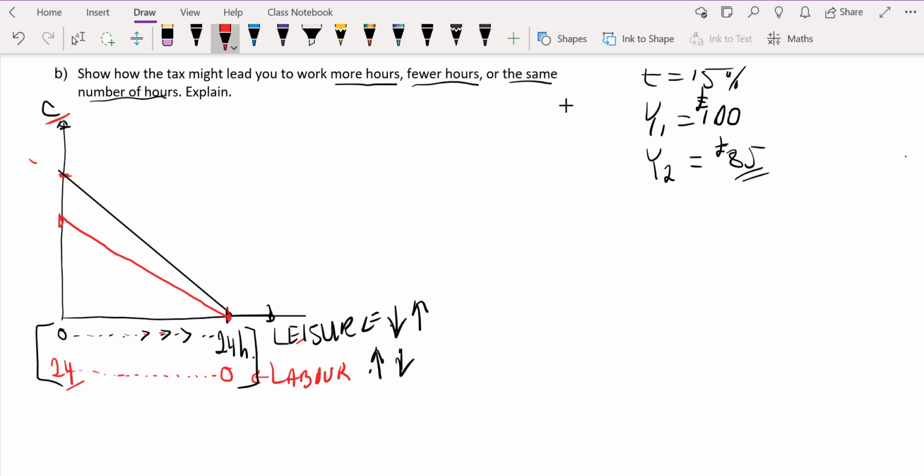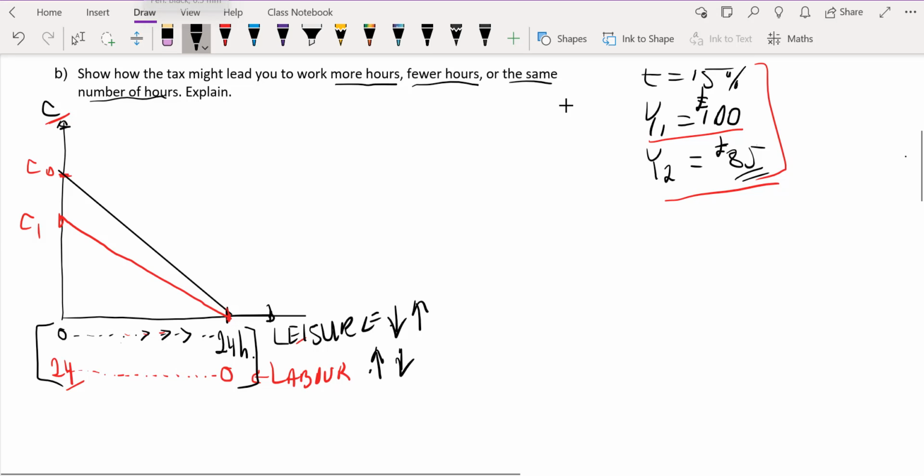This is consumption 0, which was on the £100 income, and this is consumption 1, utilizing all the available £85 income, for example. These are just examples; you can pick any value. I like working with hundreds because they are easily divided and multiplied, especially when you deal with percentages and fractions.